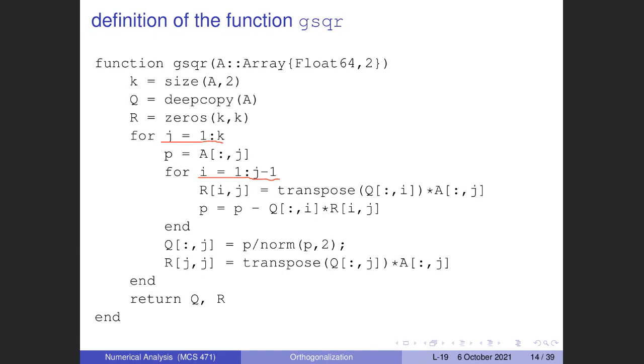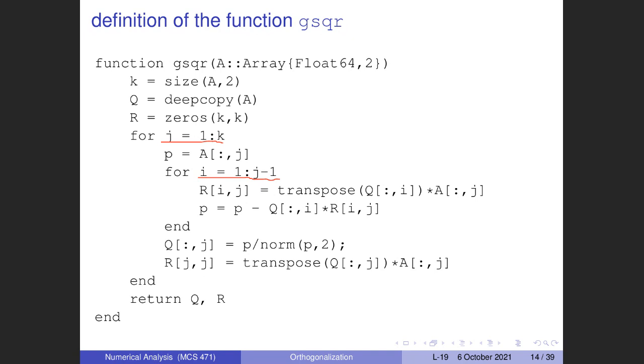So you can interpret this inner loop as we take the jth vector, so the current column vector, and we project that vector onto all the currently computed columns already. So we compute this Rij. So this is the coefficient of the upper triangular matrix that is initialized by zeros.